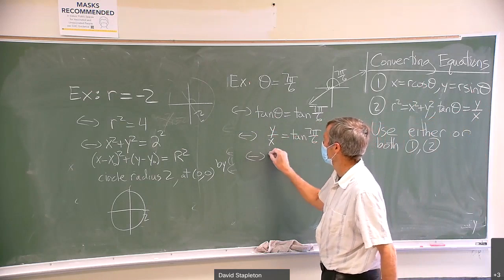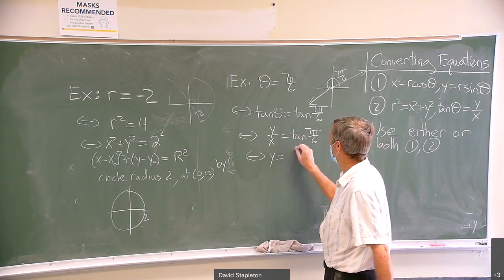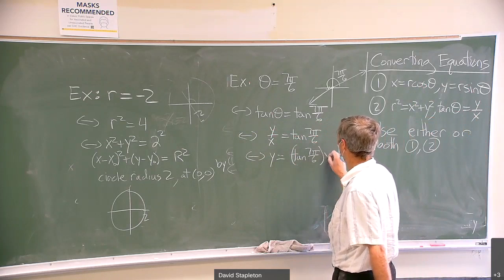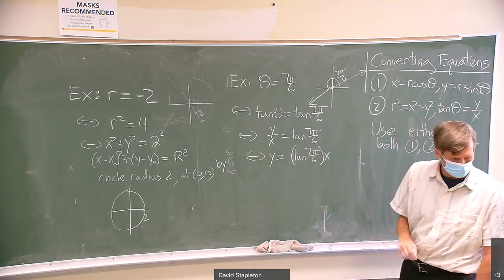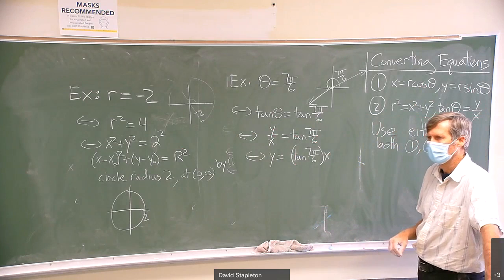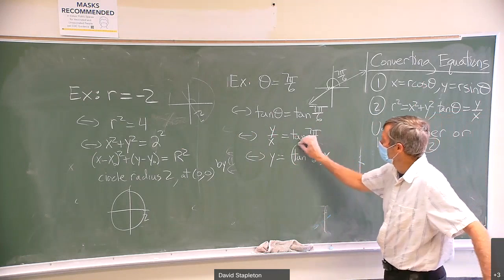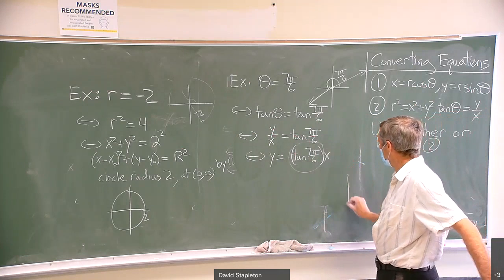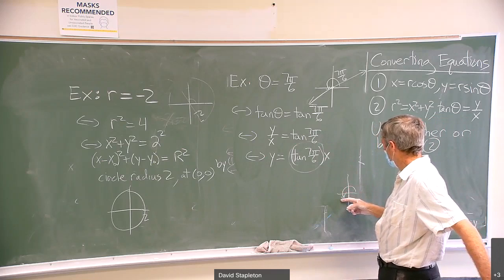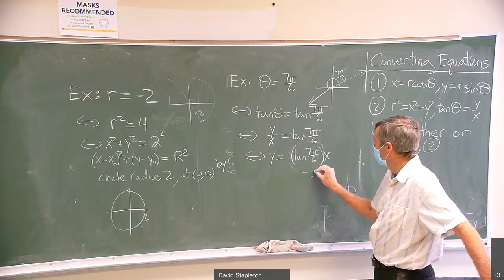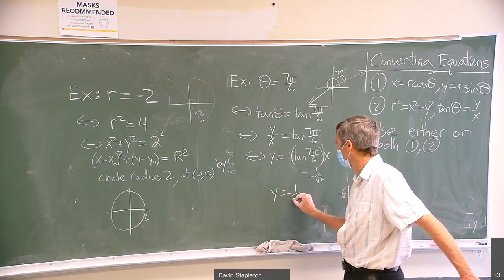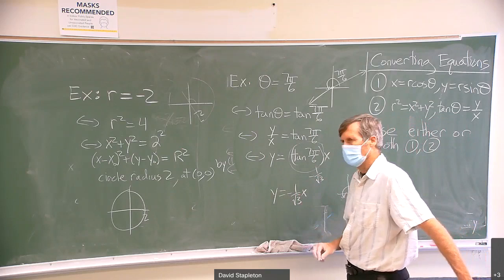Or equivalently, by multiplying by x, y equals tangent 7 pi over 6 times x. What's that in rectangular coordinates? This is just a number. In fact, we can figure tangent 7 pi over 6 is right here. The tangent is minus 1 over square root 3 if we figure on the unit circle. This is y equals minus 1 over square root 3 times x. What's that?